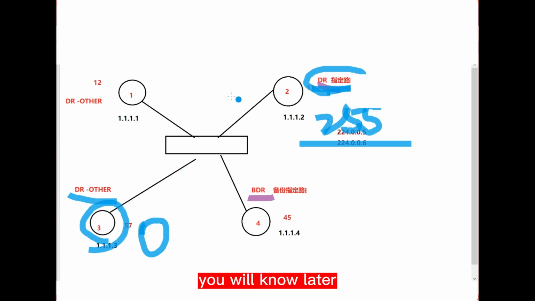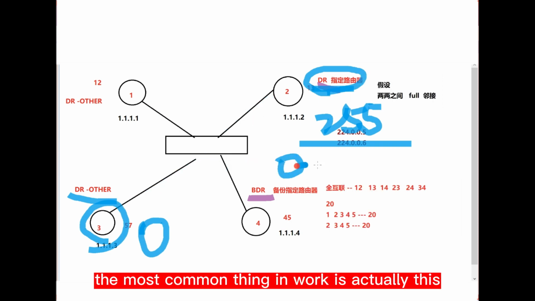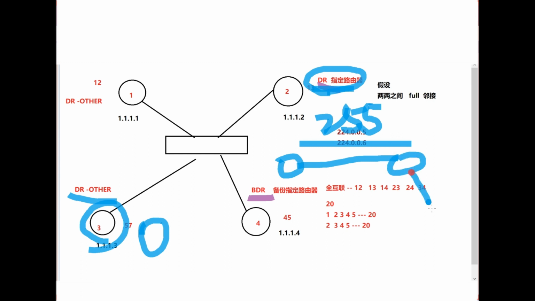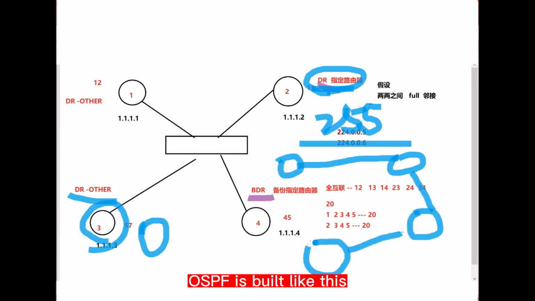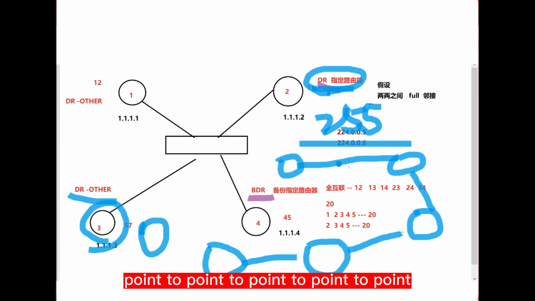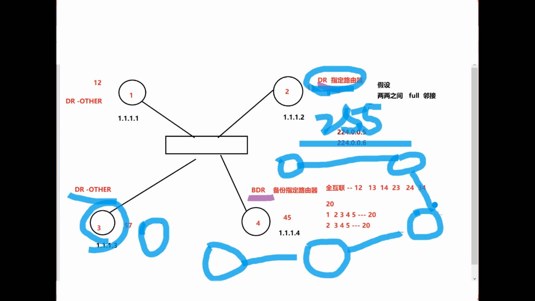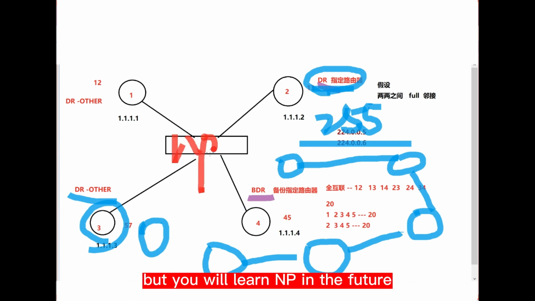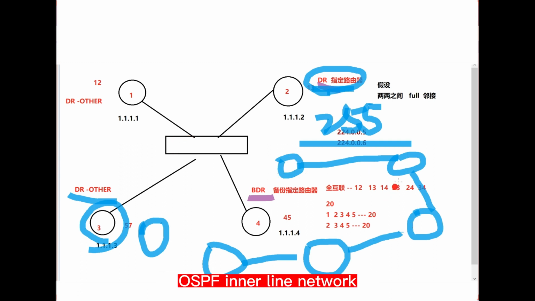You will know later. The most common thing in work is actually this: OSPF is built point to point, point to point, point to point. It's all like this. But when we study, we usually learn it the other way. You will learn NP in the future, and I will tell you about the scenes. In OSPF internal line networks, I actually see more connections like this.